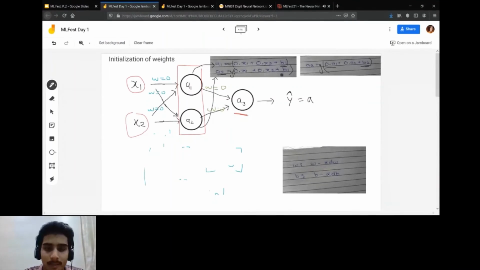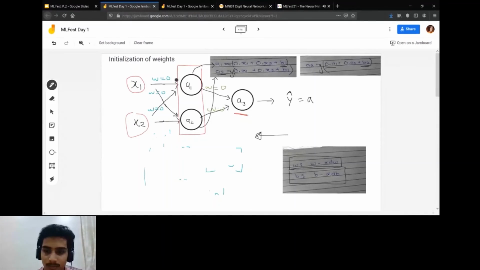So basically when all the weights are initialized to 0 and we backpropagate, the weights will update in a similar way.